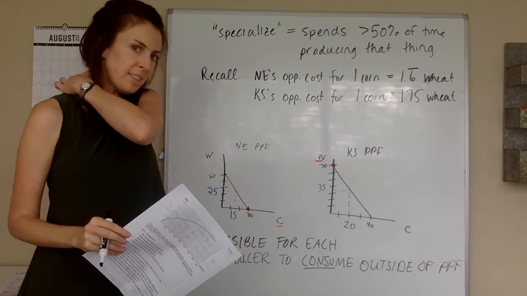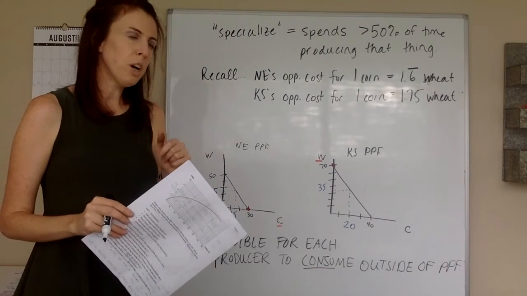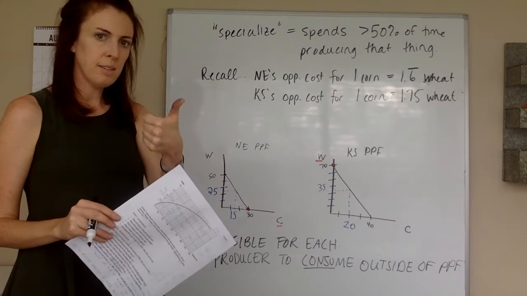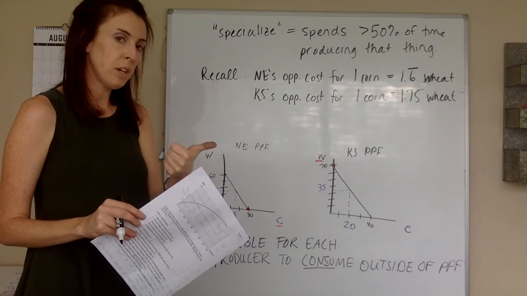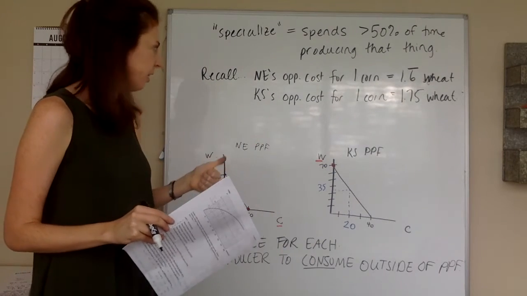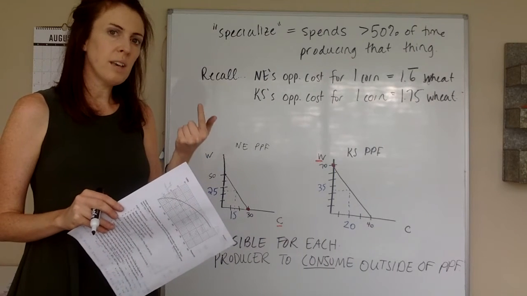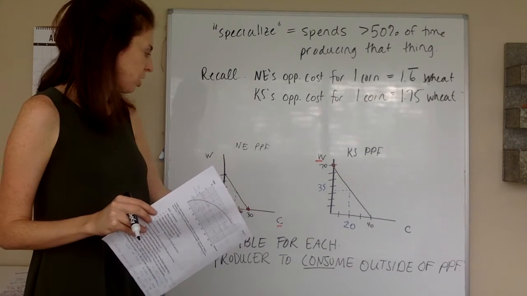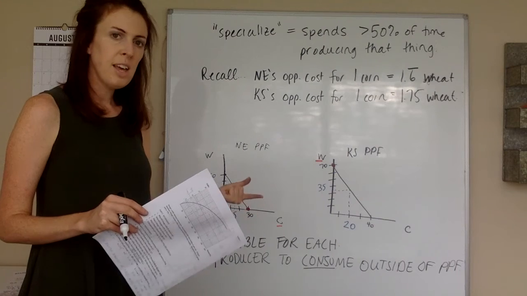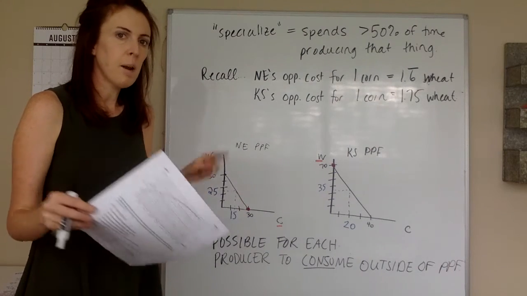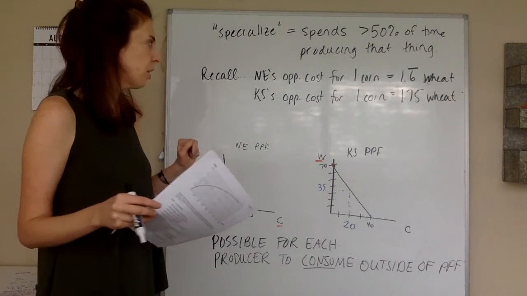What we said was required for the magic of trade to work is that each country specializes in the good they have the comparative advantage in producing. So check, check. And then the second thing was that after the countries have specialized and produced their stuff, they trade their stuff at a price that's between the two opportunity costs.